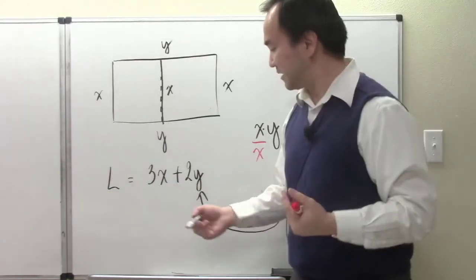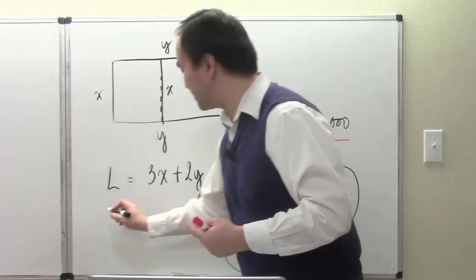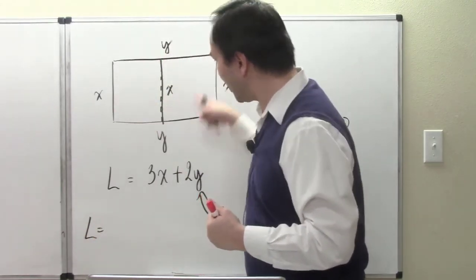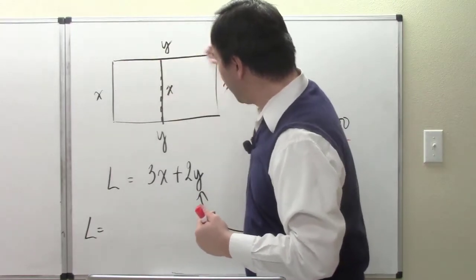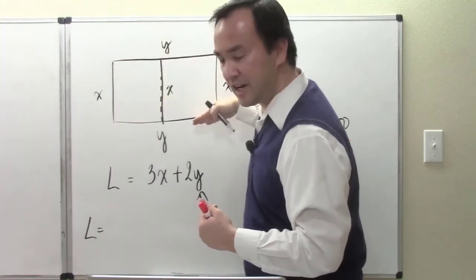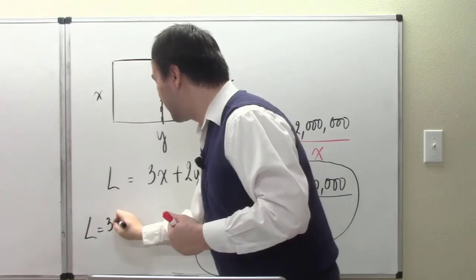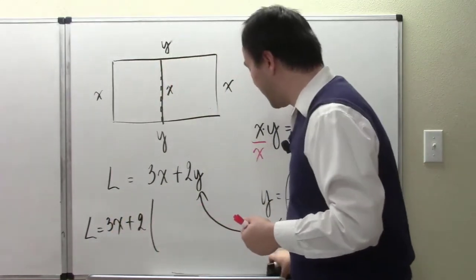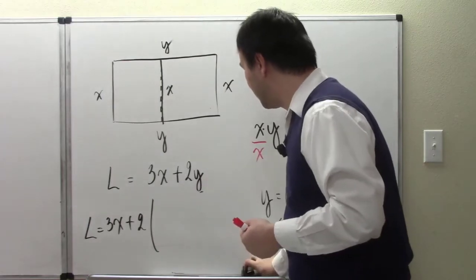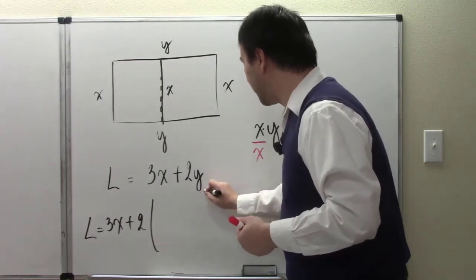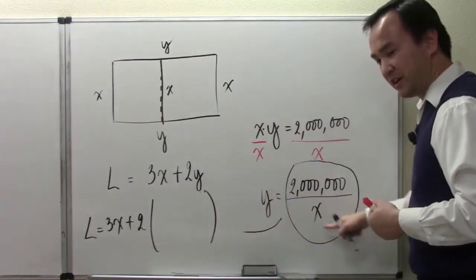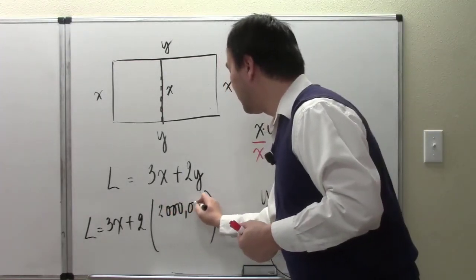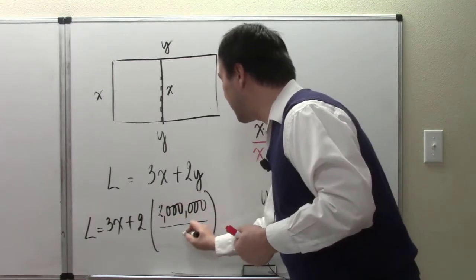Look at how good it brings me. Now my total length, including all these 3 edges and those 2 longer edges, is 3x plus 2, and no longer y. Y is now substituted by all that expression: 2 million divided by x.